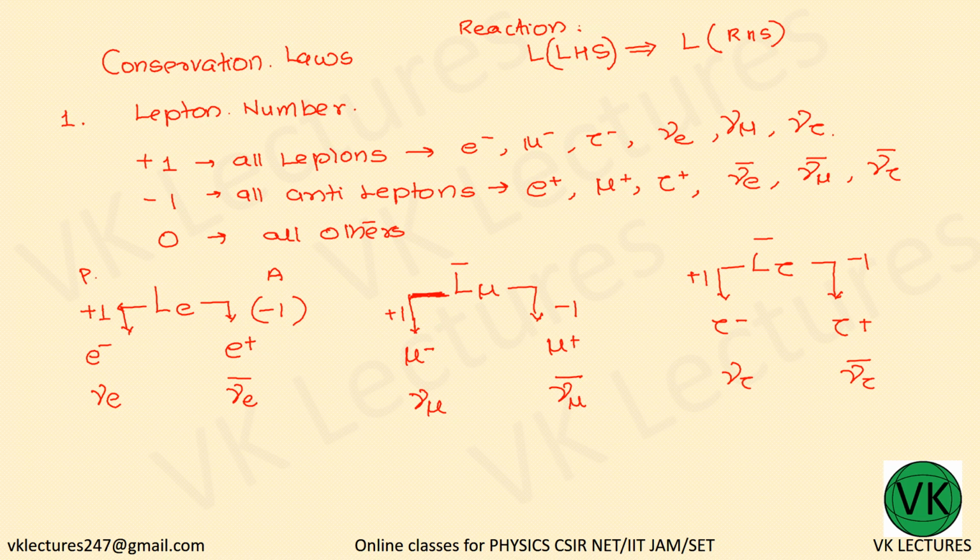If you have electron particle, it should be L_e. If you have muon particle, it should be L_mu on LHS equal to L_mu on RHS. Similarly for tau.